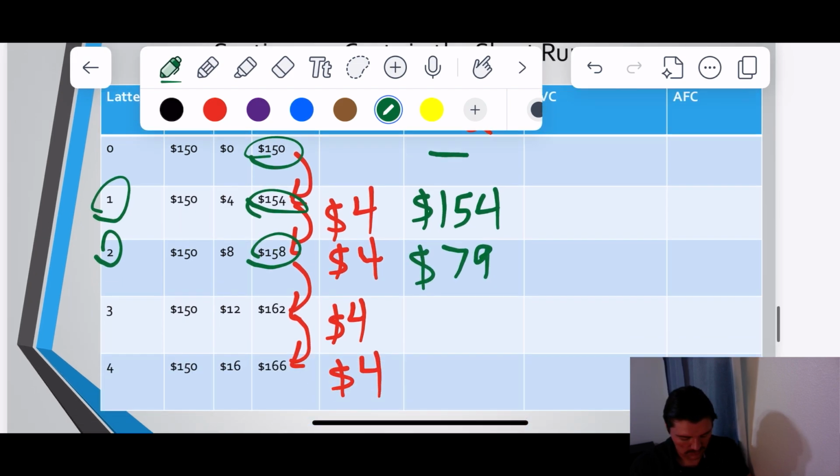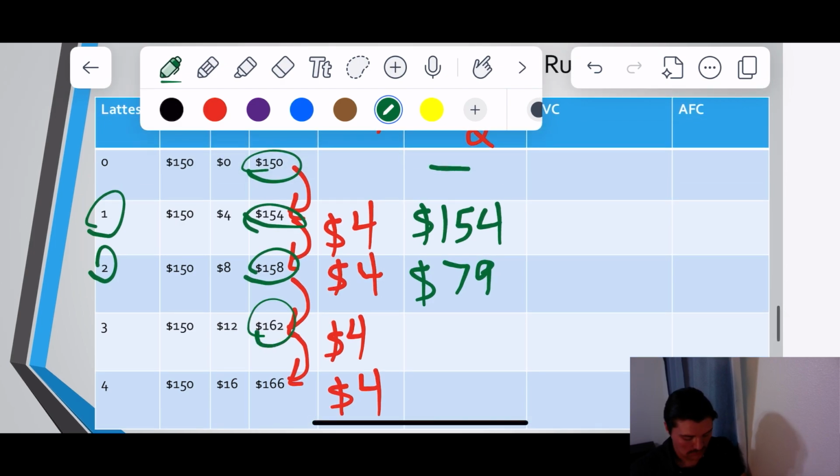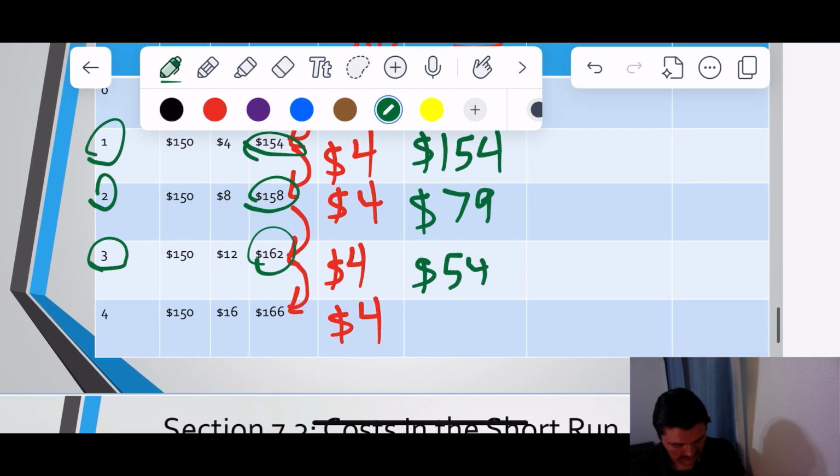For the next one, we'll take the total cost, 162 divided by 3, and that's 54. And then for the last one, we'll take 166 and divide it by 4. So that's 41.5.